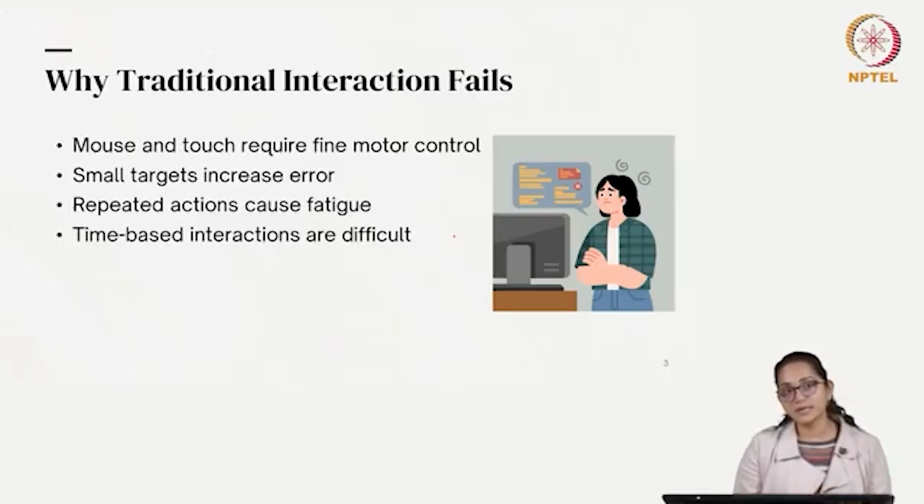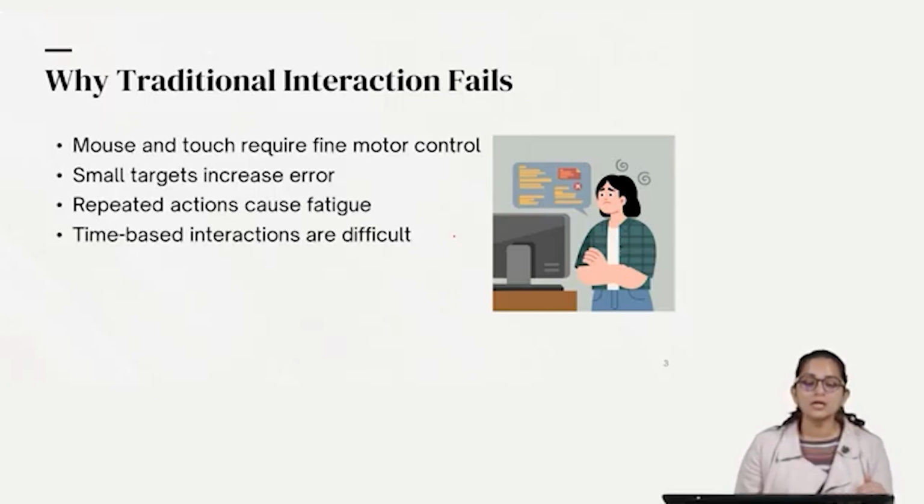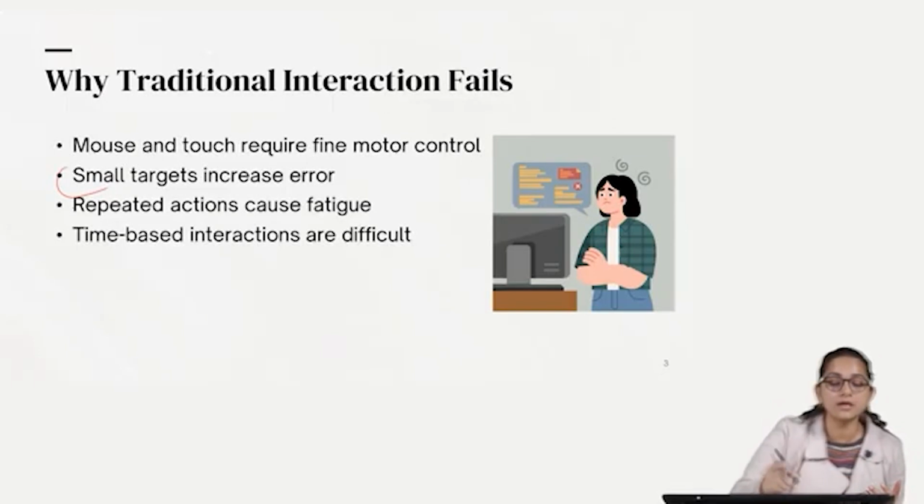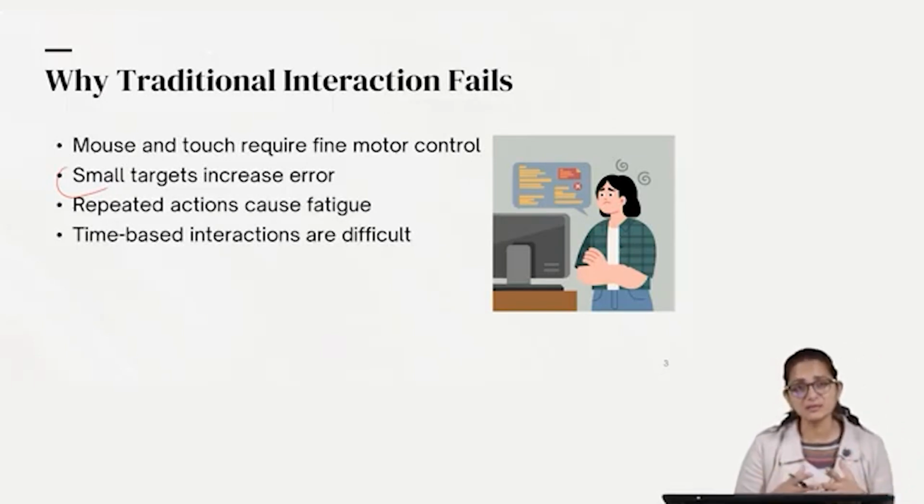And say for example, people who are experiencing paralysis or people who are experiencing cerebral palsy and motor affected limbs, then it becomes very difficult for them to engage with small targets, and thus the error in interaction increases.